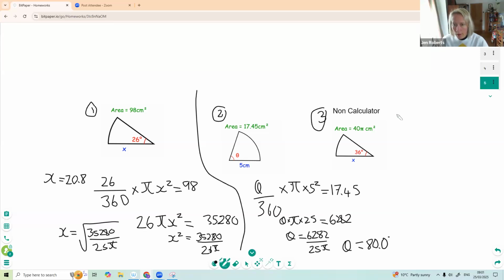This next one's without a calculator. Well, that angle is 36. First thing, I always simplify the fraction. Common factor is 36. If I divide the numerator by 36, I get 1. If I divide the denominator by 36, I get 10.